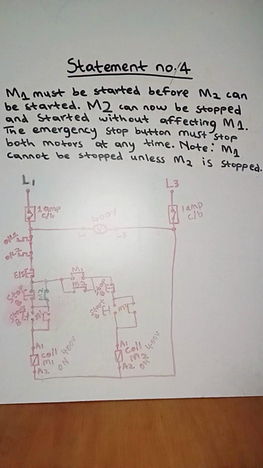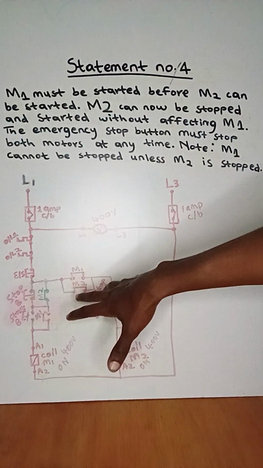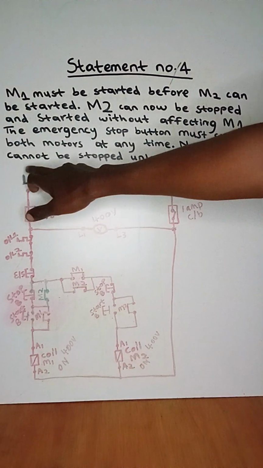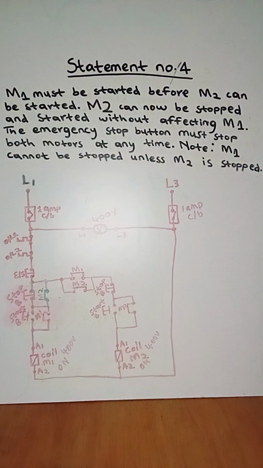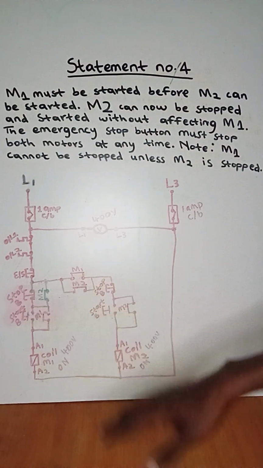So let's start doing the process through the sketch. When it says motor 1 cannot be stopped, let's check if motor 1 cannot be stopped, since we have added our contacts and everything.